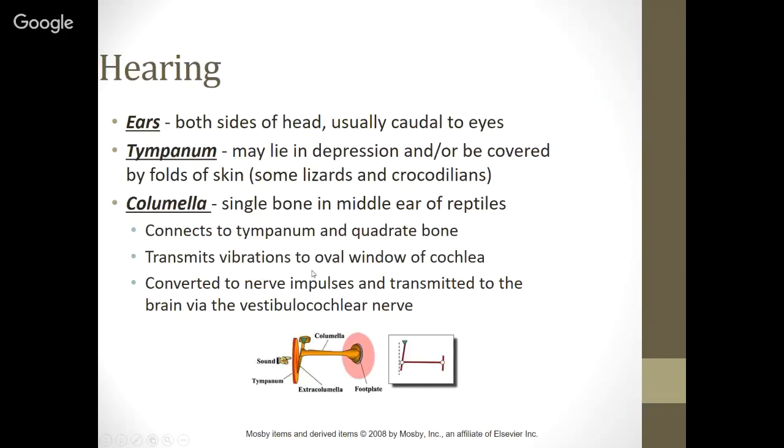This transmits vibrations that the skull feels to the oval window of the cochlea. And that's converted to nerve impulses that are then transmitted to the brain via the vestibulocochlear nerve, just like in mammals. Now, if the snake or lizard has their head on the ground, they can feel those vibrations of you walking up to them. And so that's how they know that you're there.